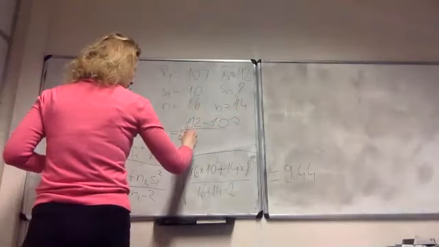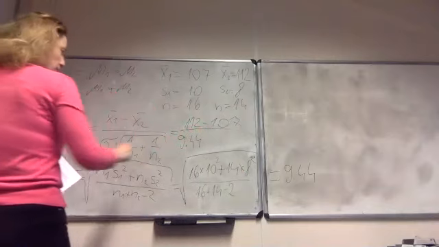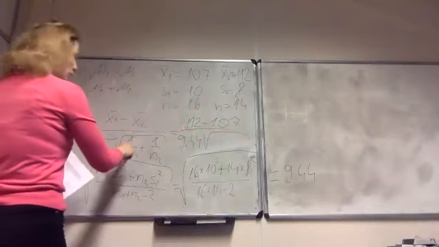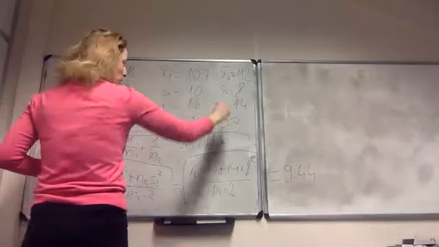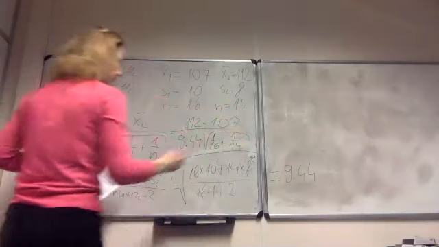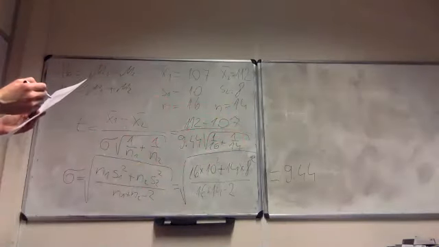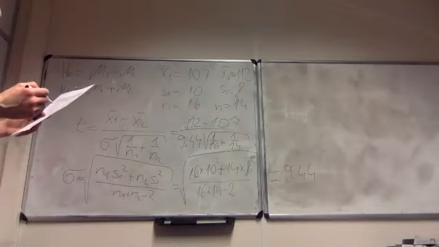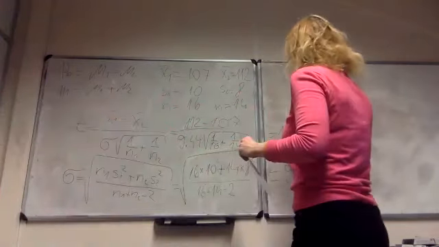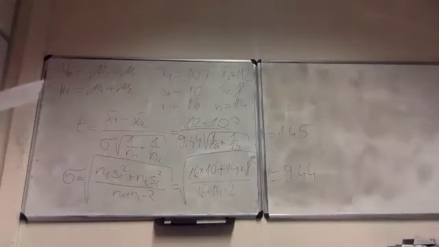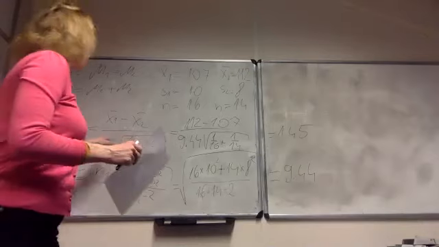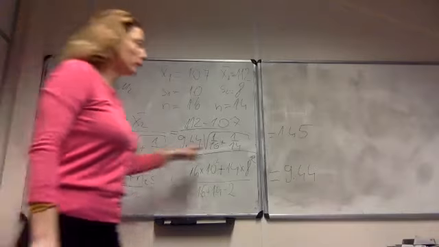Sigma, we have just calculated, is 9.44, times the square root of 1 over N1, which is 1 over 16, plus 1 over N2, which is 1 over 14. Okay, I just substituted the numbers and it gives us 1.45. Now, what shall we do with this information? We have this t value. T value equals 1.45.